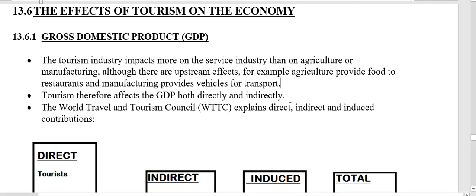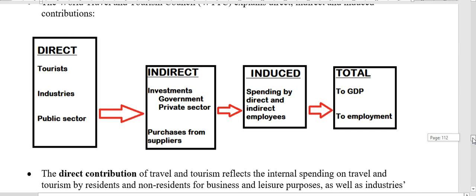So we say basically that tourism will affect the GDP both directly and indirectly. When we look at the direct, indirect and induced contribution made by tourism to the GDP, the direct impact would be by the tourist itself, the tourist industries, the public sector, everybody that is directly involved in tourism.